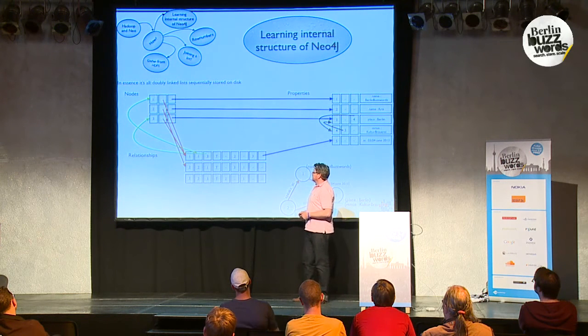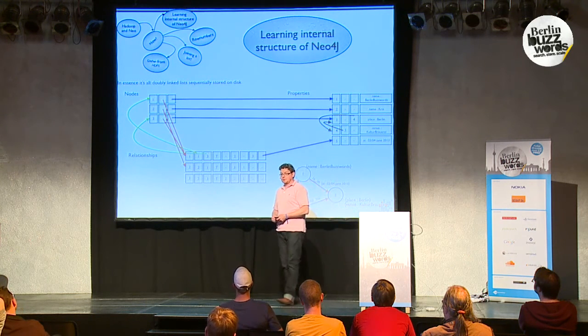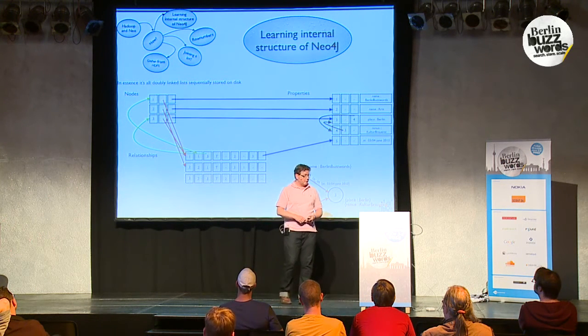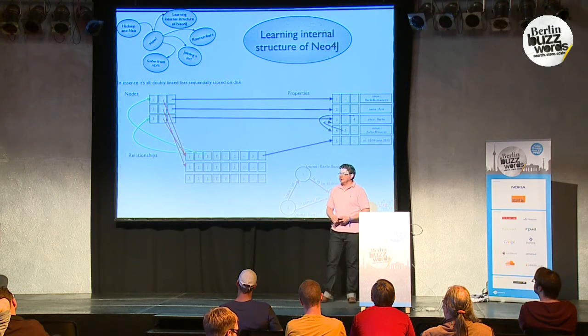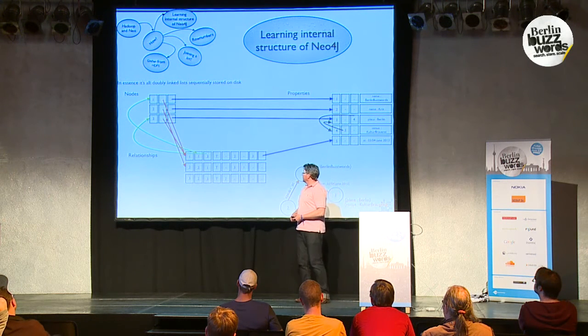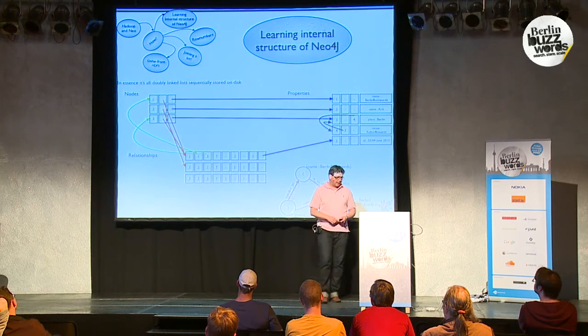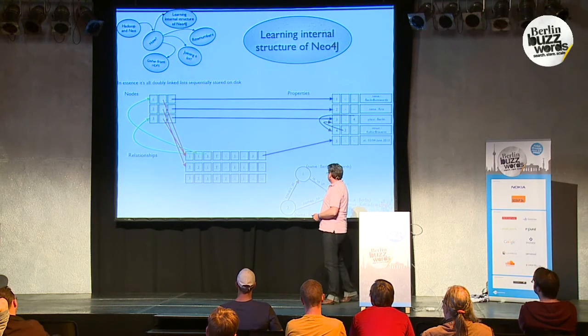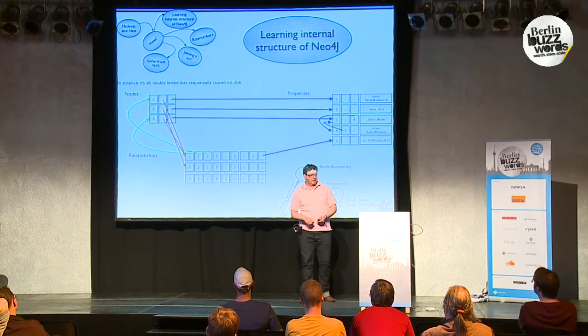The red arrows are the pointers from the nodes to the first relationship, and the blue arrows are the pointers to the first property of a node. Within those relationships, you have a pointer to the next, and the green lines are pointing back to the nodes again. The black arrows I only drew at the property level. There you can see the doubly linked list elements pointing back to the previous and forward to the next property. So this is the file format that we wanted to create.